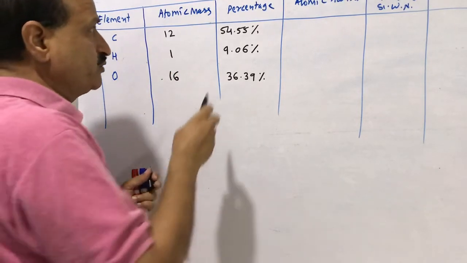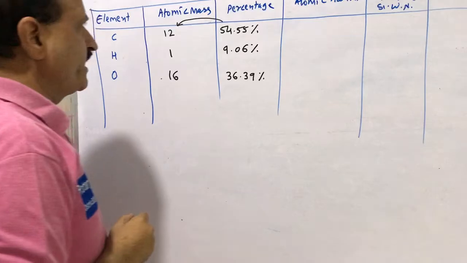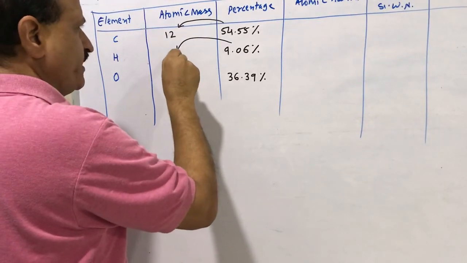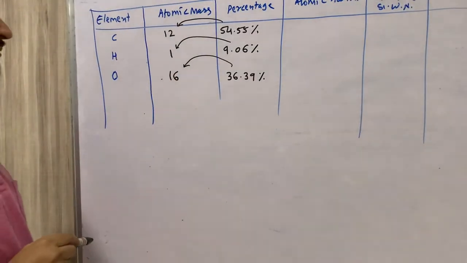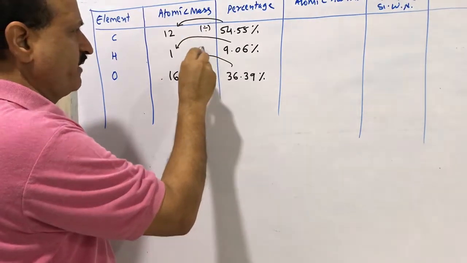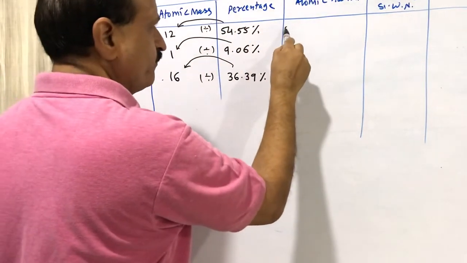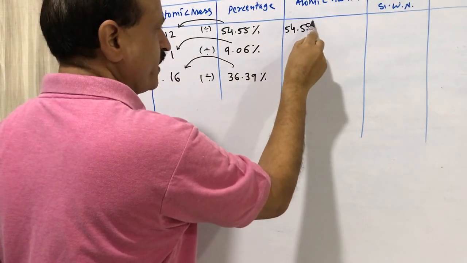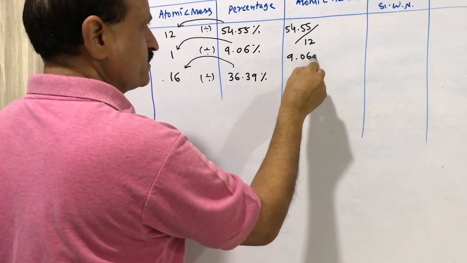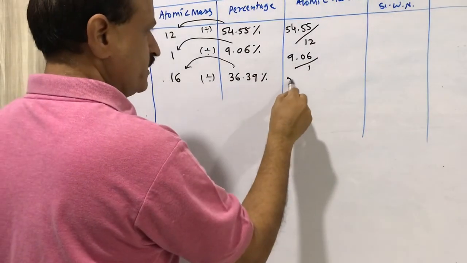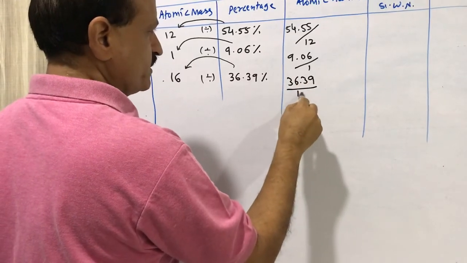Now what does atomic ratio mean? 54.55 will be divided by 12, 9.06 will be divided by 1, and 36.39 will be divided by 16. I am writing the division sign here. So you must divide 54.55 upon 12, 9.06 upon 1, and 36.39 upon 16.